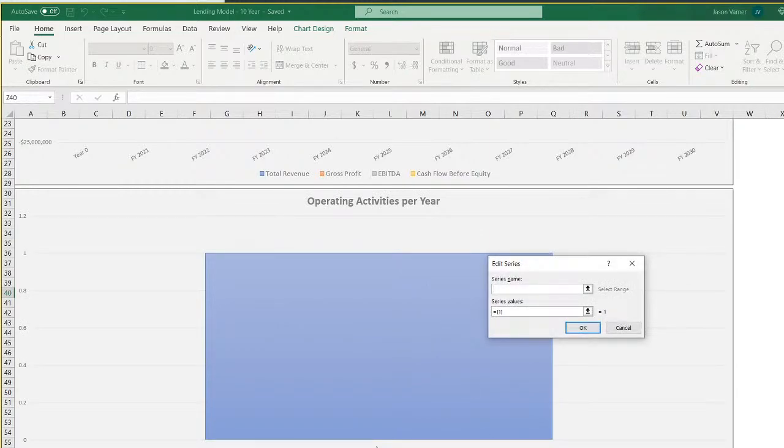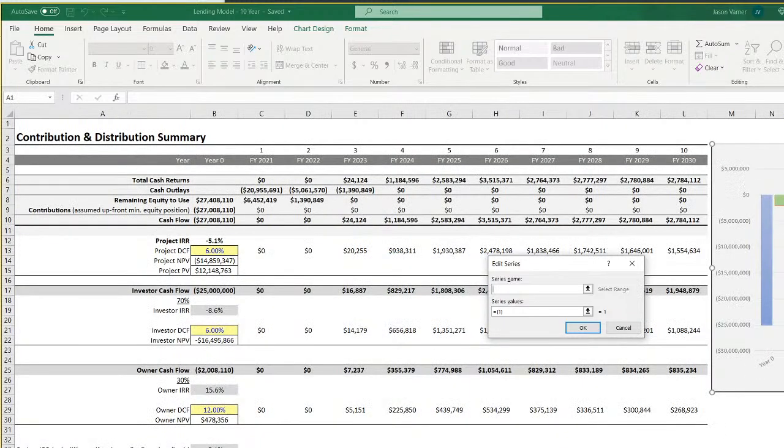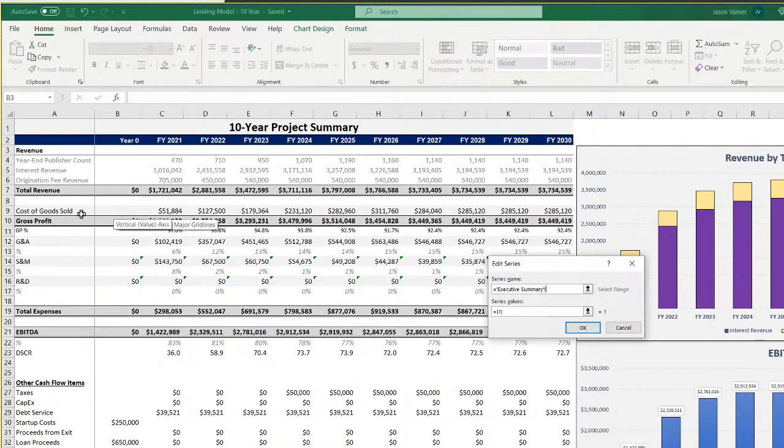So we did one on revenues. Let's do one on the costs. So if we go cost of goods sold, for 10 years, we can do expenses, G&A, and this will be a stacked column.